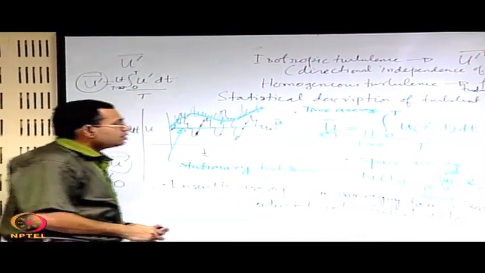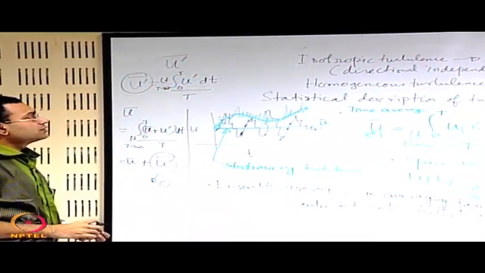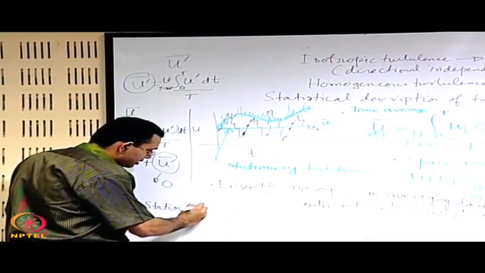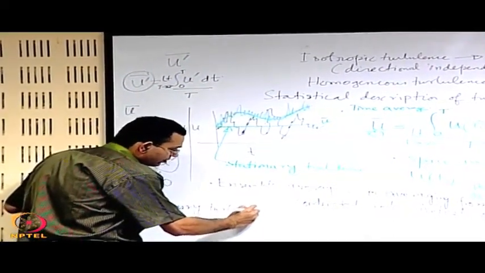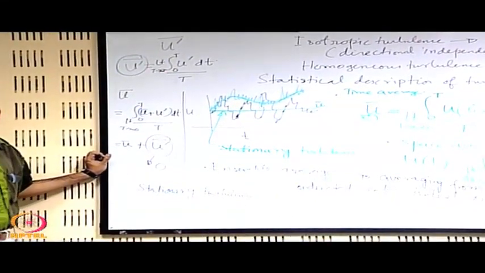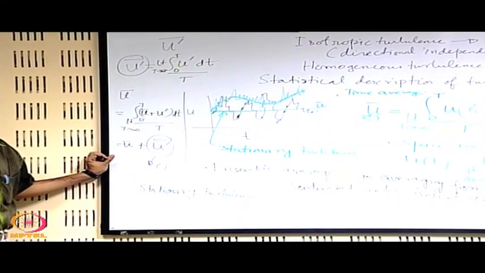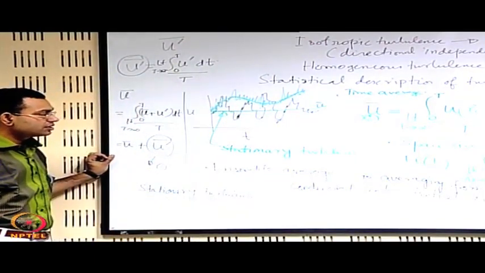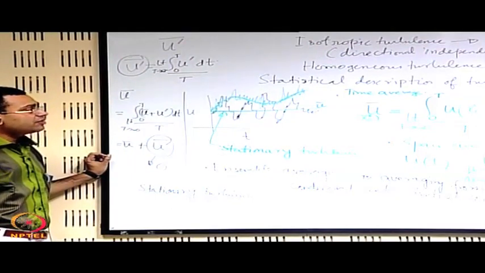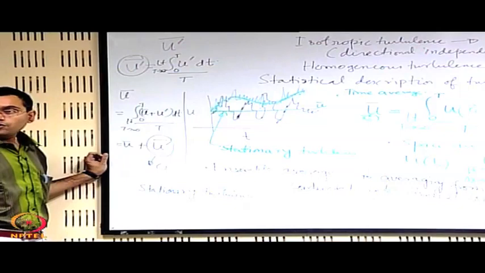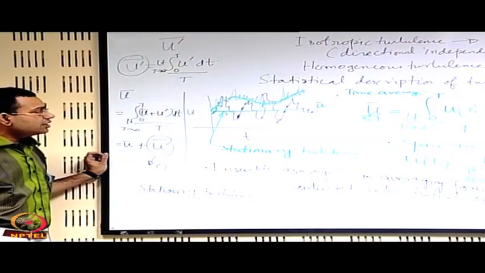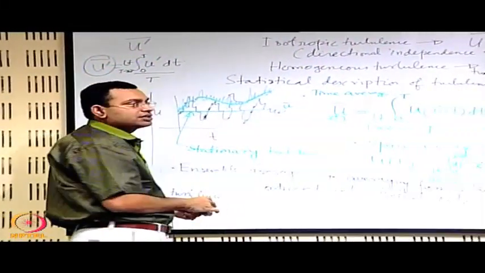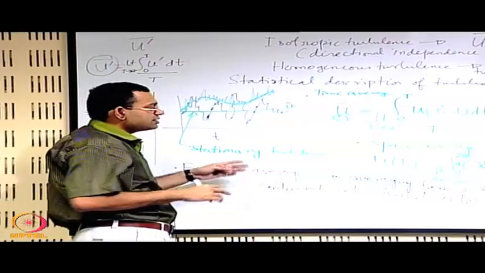Now let us consider stationary turbulence. That is also another terminology, and stationary turbulence means the mean, or the average value, is independent of time. So for a stationary turbulence, if you are doing a time averaging, then the time average value, if you repeat a large number of experiments, is as good as ensemble averaging.